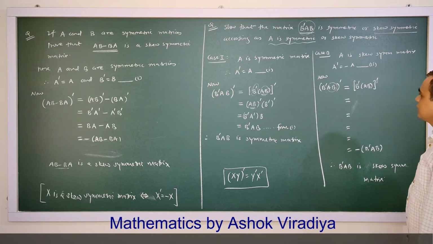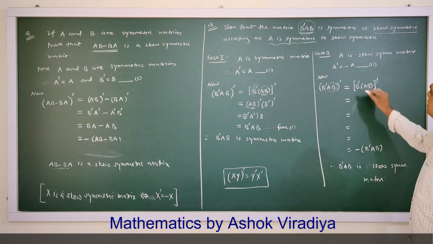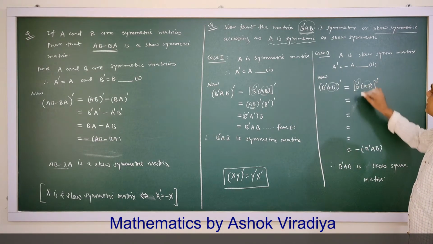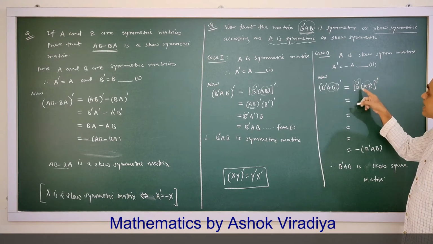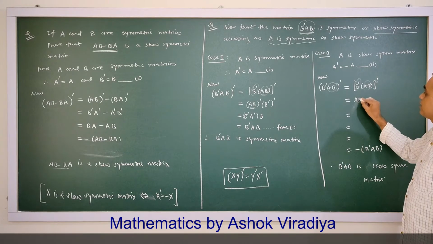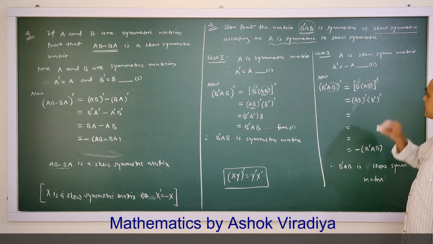Again using this rule, as in case 1, if this is x and this is y, transpose of x into y is transpose of y into transpose of x.